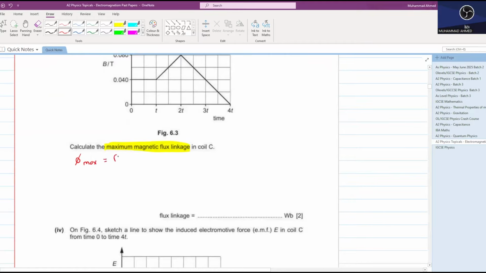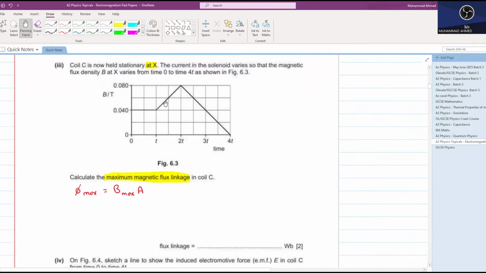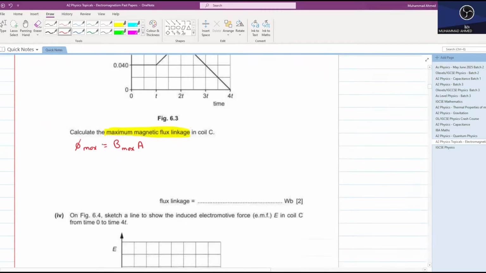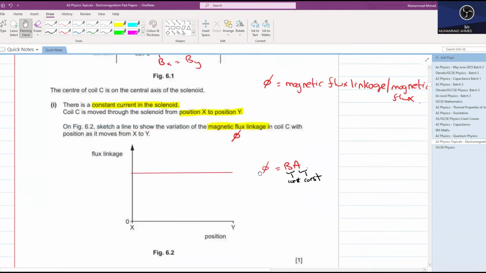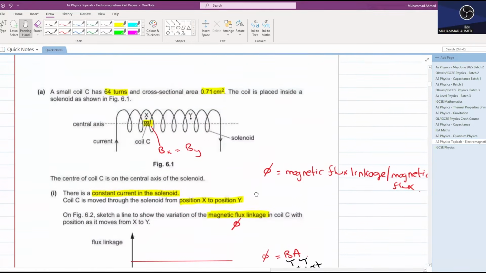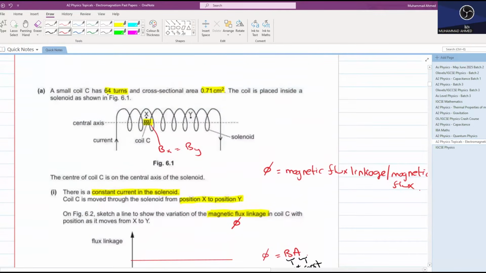Again, similar to the type of questions we did in question 1. You have to calculate the maximum magnetic flux. Maximum magnetic flux will be equal to the maximum value of B into area. The maximum value of B is 0.08 here. We have the area as well, and we have the number of turns.